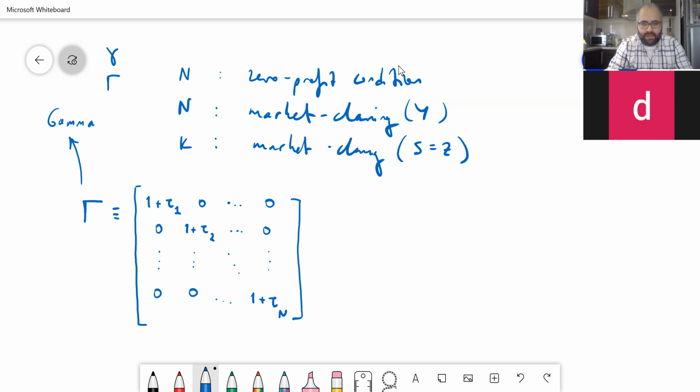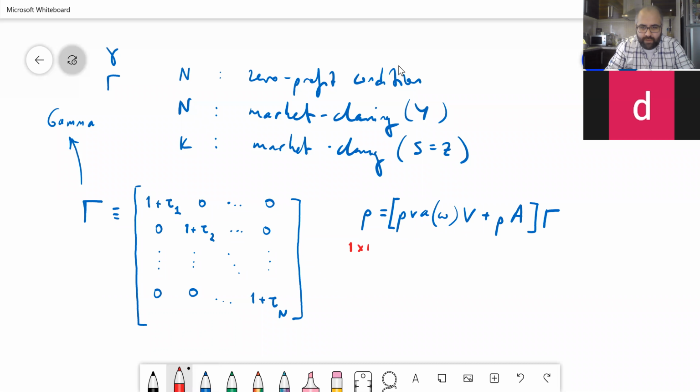Okay, why do we do that? Because now we're going to write our zero profit condition in this way. PVA, V, remember this? And then we have PA. Now we want to multiply this because this was the cost with gamma. Now be careful with the dimensions again. So this was a row vector.